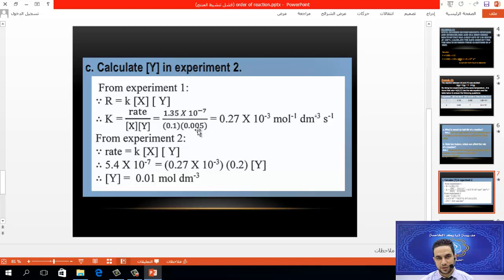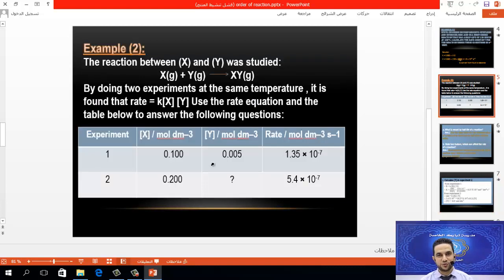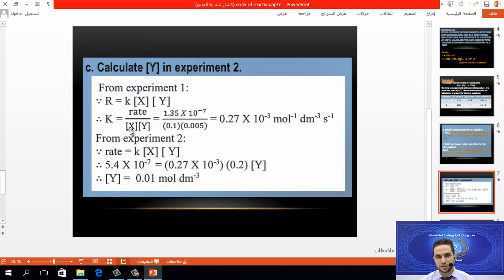From where are these values? From the table. We use them to calculate K here. So we get the value of K, 0.27 times 10 to the power negative 3 mole to the power negative 1 dm positive 3 second negative 1.